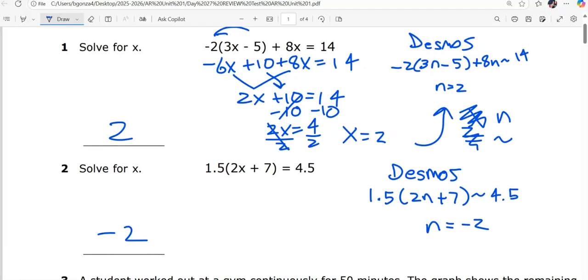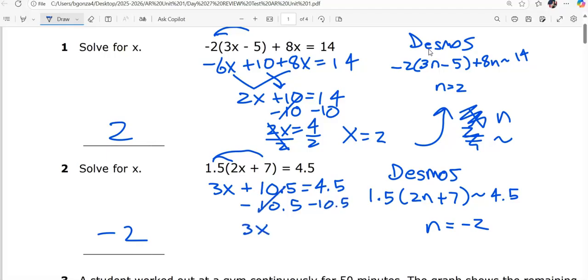Now we can do it by hand. Here we go. Distribute: 1.5 times 2x is 3x. 1.5 times 7 is 10.5. Okay, I get rid of the loner, minus 10.5. 3x equals, this gives you 4.5 minus 10.5 is -6.